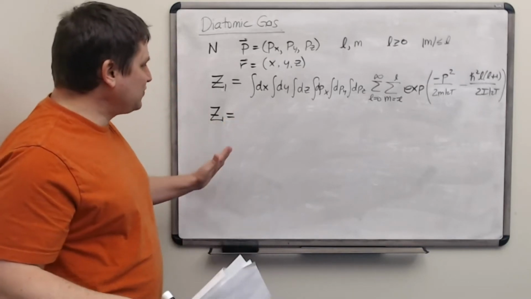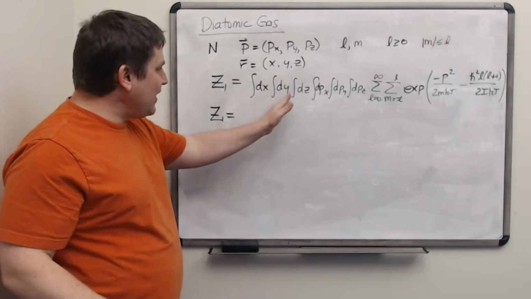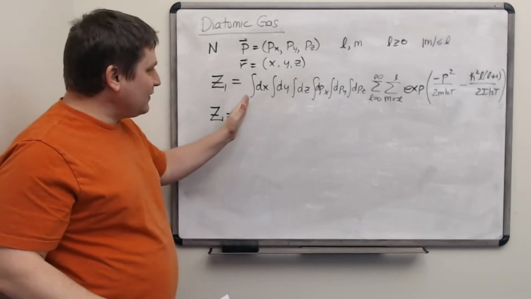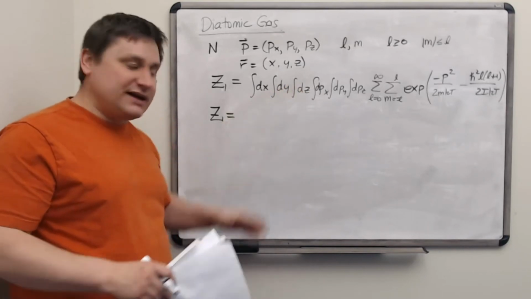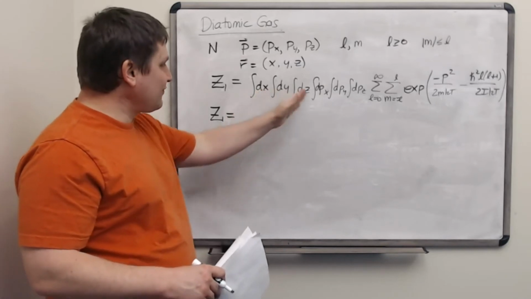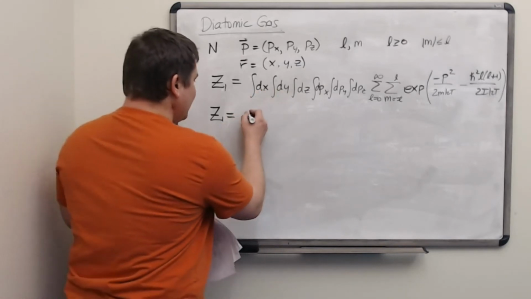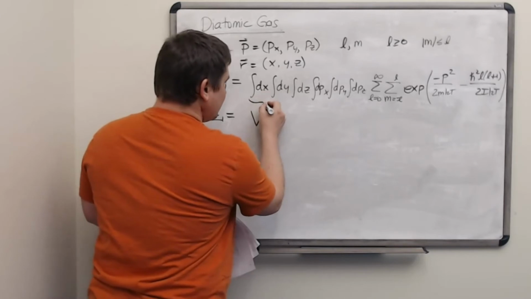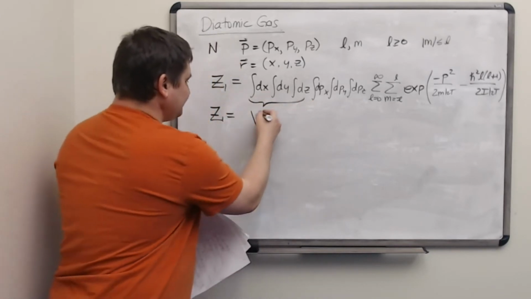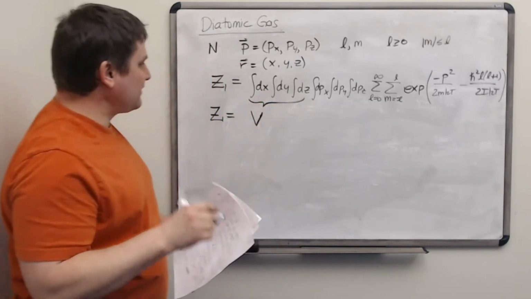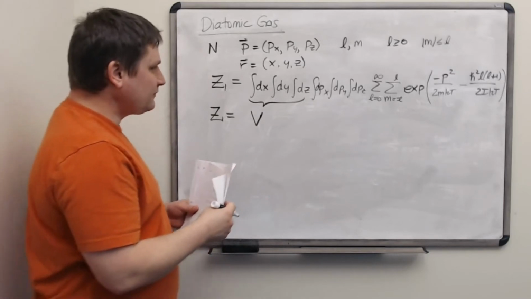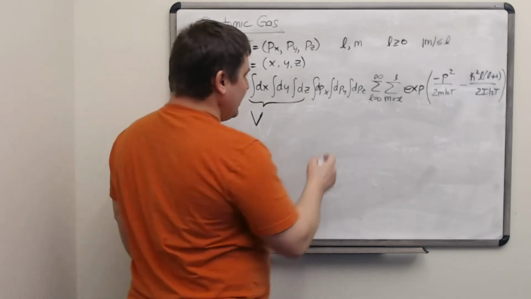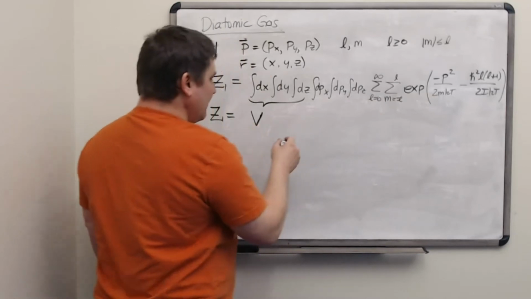Okay, the first one here is very easy, dx dy dz. We're going to assume that there's some limits to where the particle could be. So this integral over these three axes will just give us the volume of the system, the volume of the region of space where the particle is allowed to be. Okay, then these three integrals over momentum.